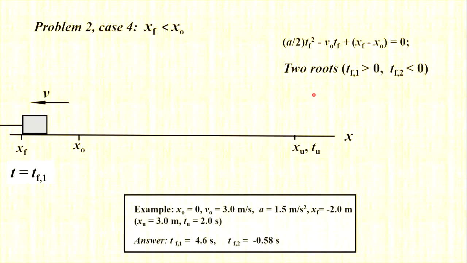Let's try to interpret this problem from a mathematical point of view. If we have this quadratic equation for TF, and we solve it and we obtain two roots, one of them negative and one of them positive, it means that the point of interest is located to the left of the initial position of the object.